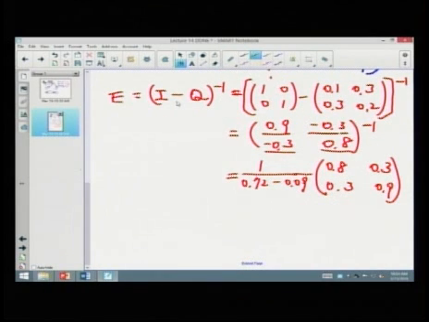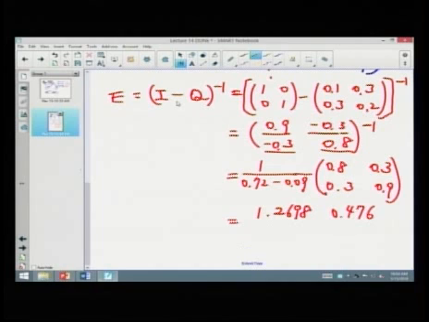So what is this? Let me use my cell phone to calculate. Okay, so I have 1.2698, and then 0.476, 1.